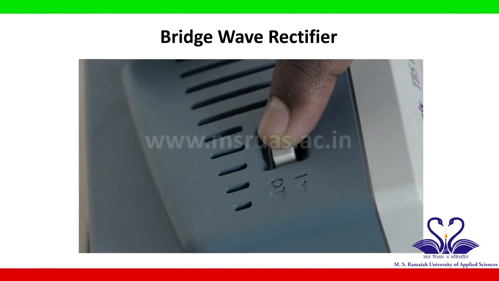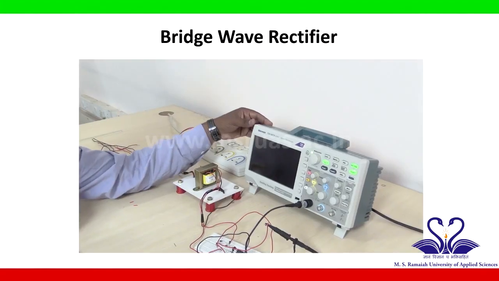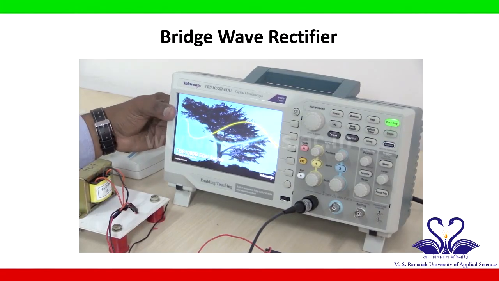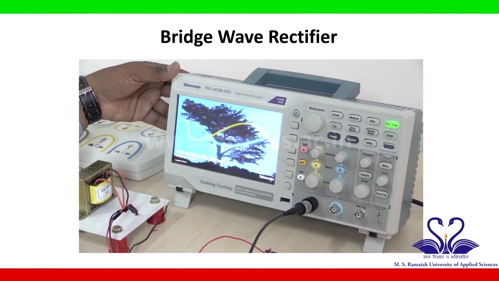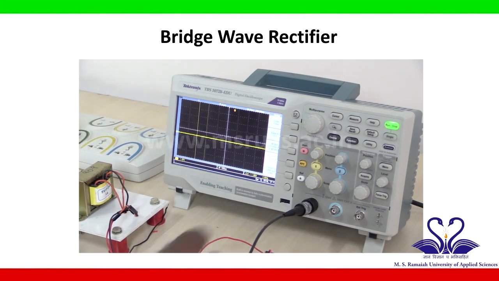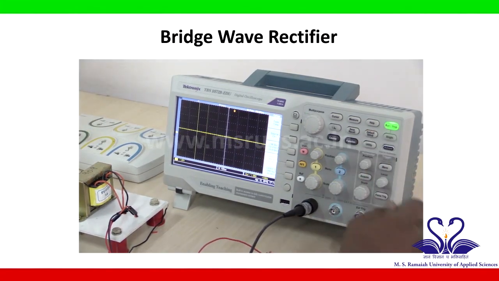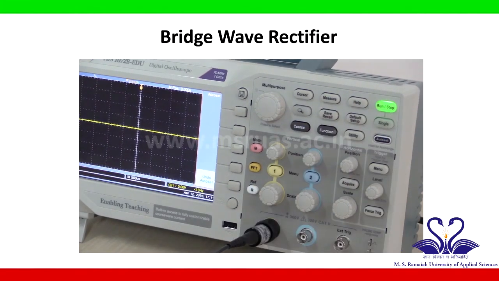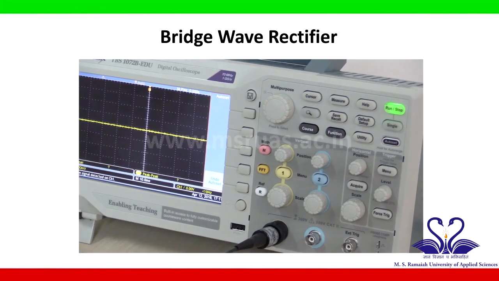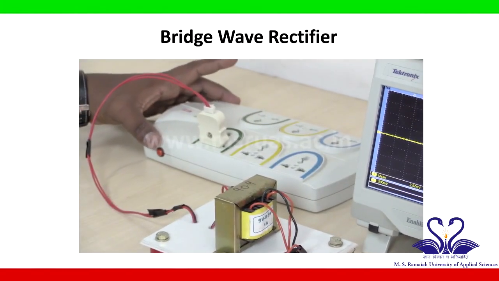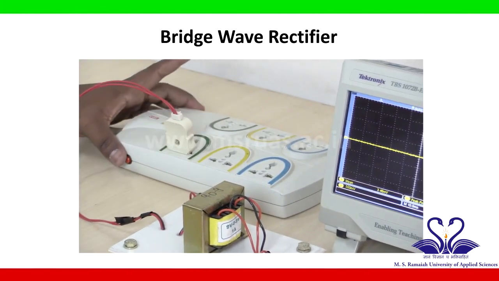Turn on the digital oscilloscope. Go to default setup, then press auto set. Now I will turn on the main supply.